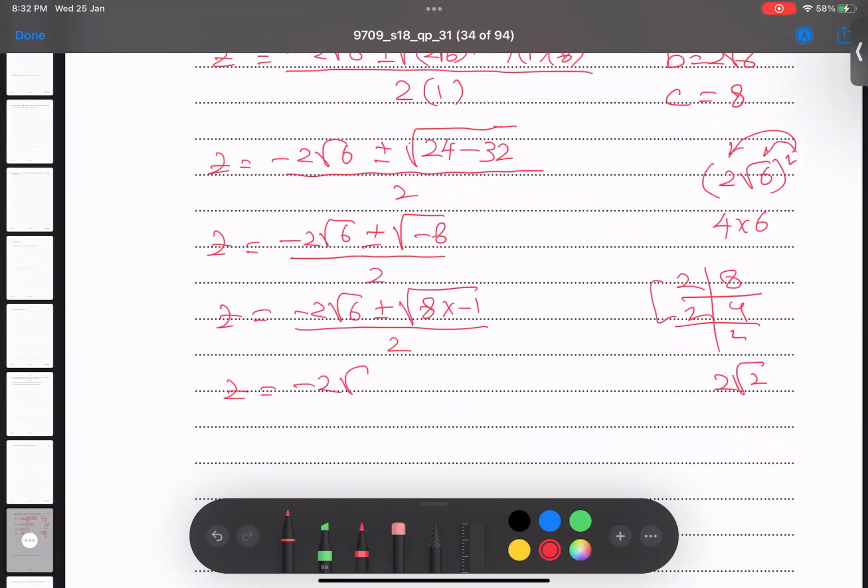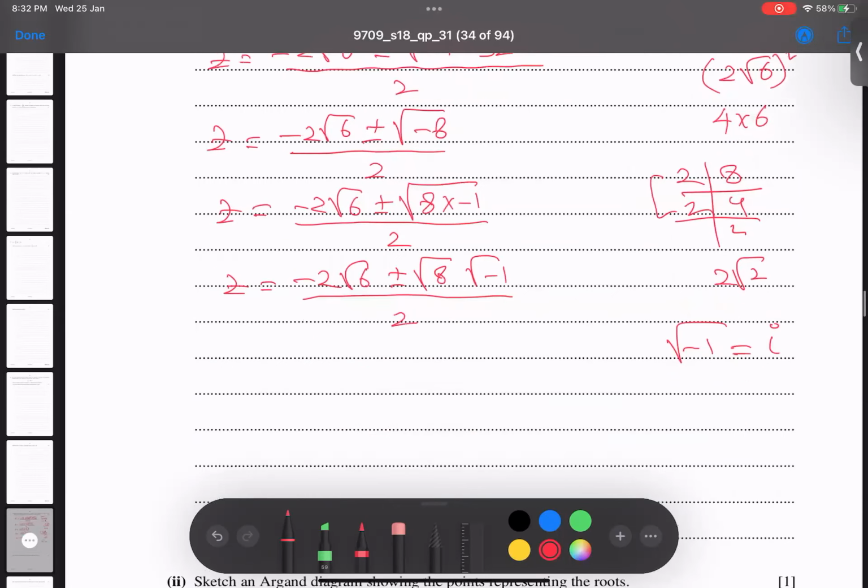And all of you know the root of minus 1 is actually equal to iota. So negative 2 root of 6 plus and minus 2 root 2 iota over 2.